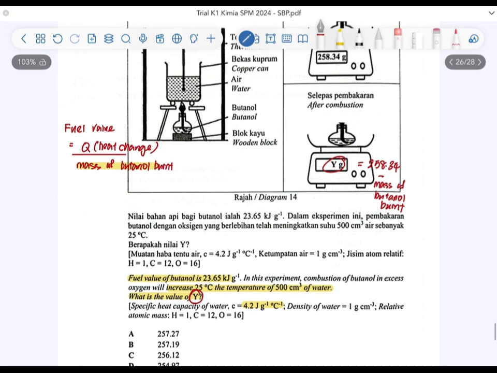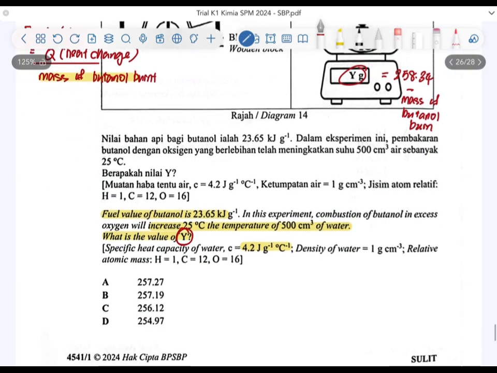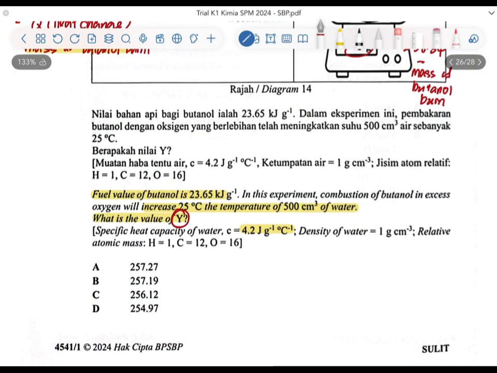Basically, let us calculate Q, the heat change, first. We know that Q equals mc theta, where m is the mass of the water that we heat up.